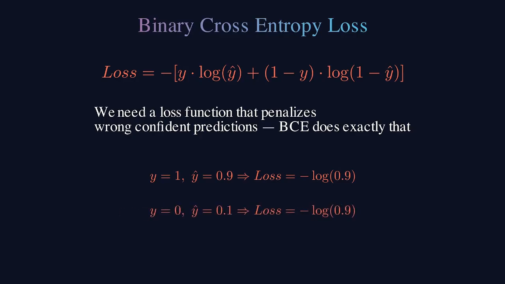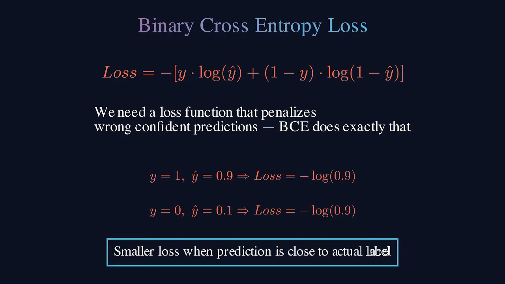Here, if y is equal to 1 and predicted y is 0.9, that means loss is minus log of 0.9. Minus log of 0.9 is a very low number. That means we are very close to our actual output. So the loss is smaller when the prediction is close to the actual label. That's what it signifies here.